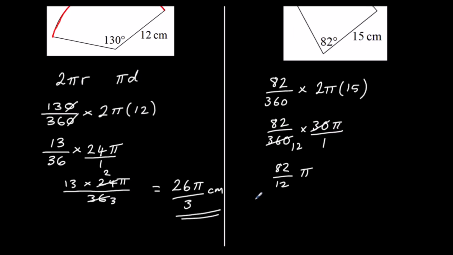And then I can half top and bottom, which gives me 41 over 6 pi. And that is as simple as it gets. So 41 over 6 pi is my answer. Again, if you typed it straight in the calculator, you should get the same answer.